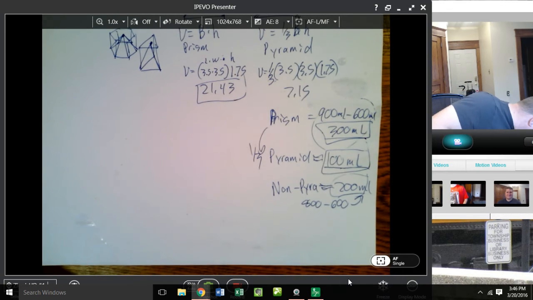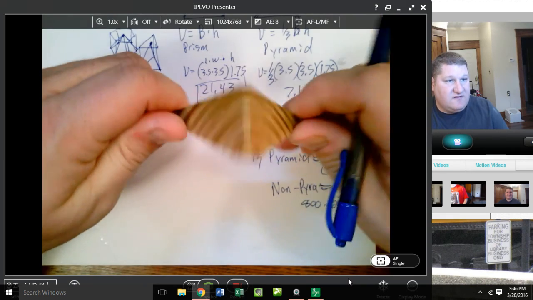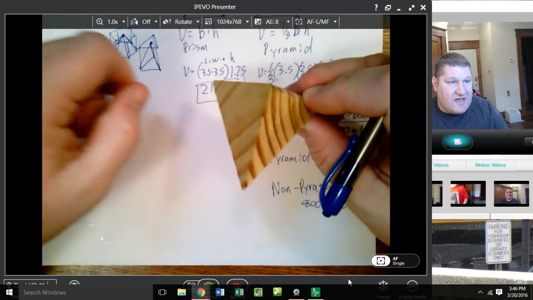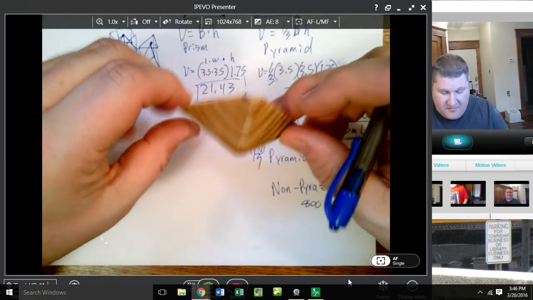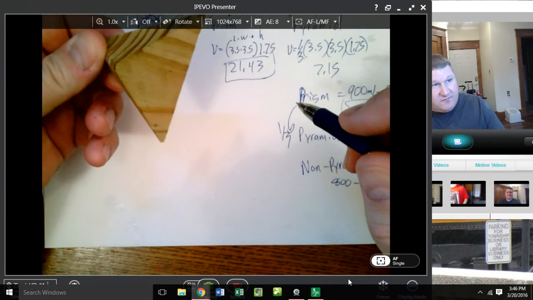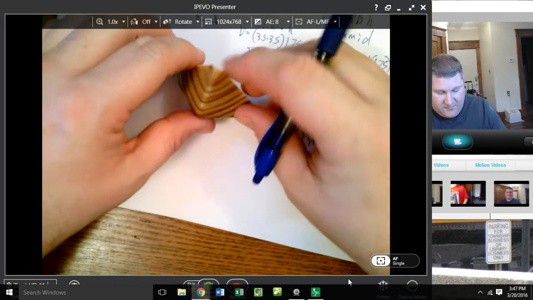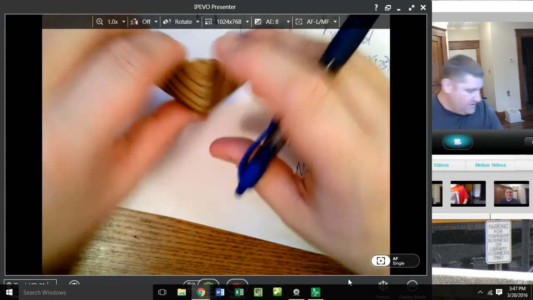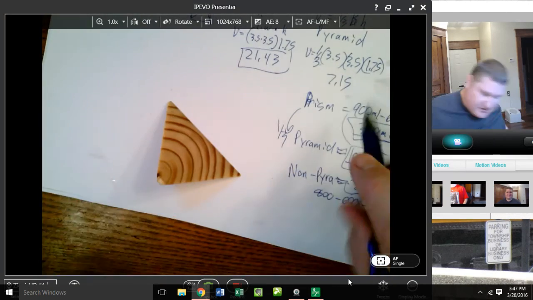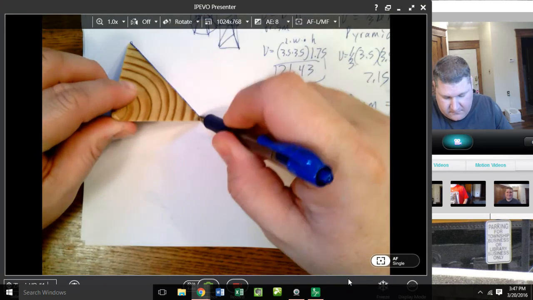So, if I had this guy right here, let's take a look at this guy. This guy is indeed a pyramid because it goes from some base and it goes up to some point. Unfortunately, my little point came off a little bit, but we'll just have to live with it. In this case, let's trace it.